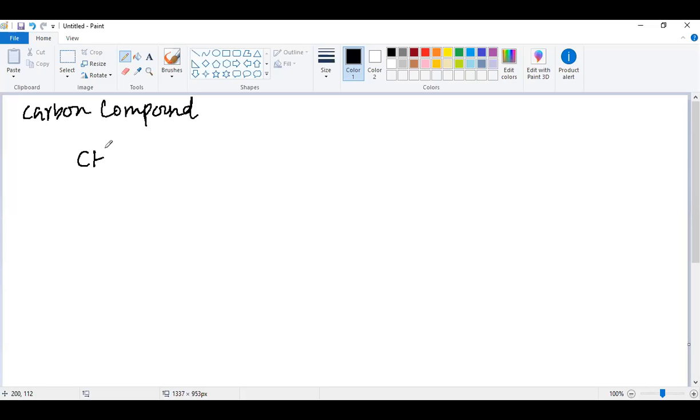Can you name this compound? What is the name of this compound? Anyone please? Methane. Very good. So suppose we have the carbon compound methane. So we will write methane, or we can write CH4, or my dear students, we can even do it this way.